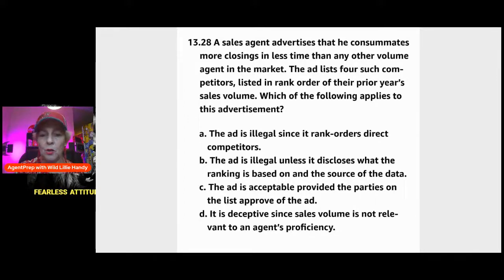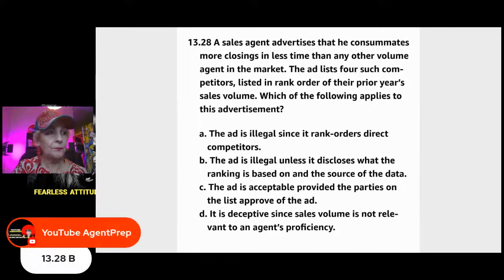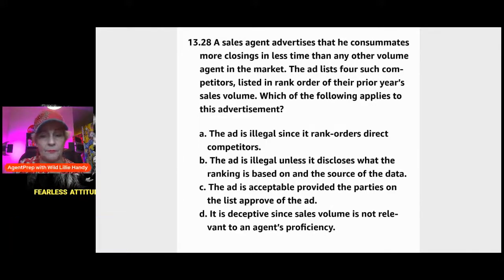So companies will report monthly on teams' productions or individual productions or partners' productions. So the answer is B. We must justify where we got the information. Can't just make it up, or say that's what we think.